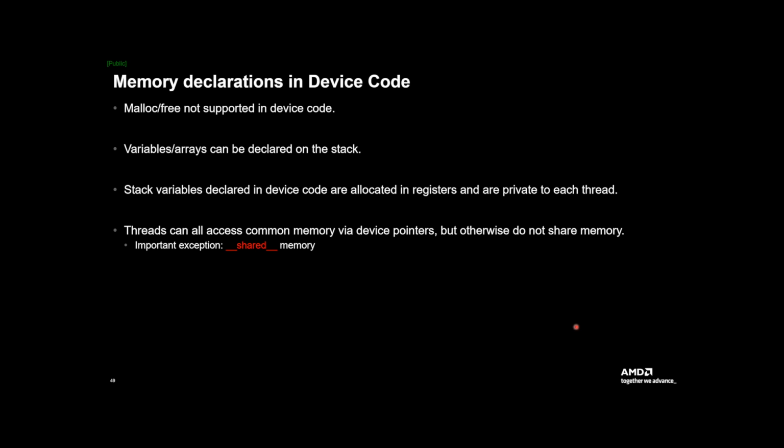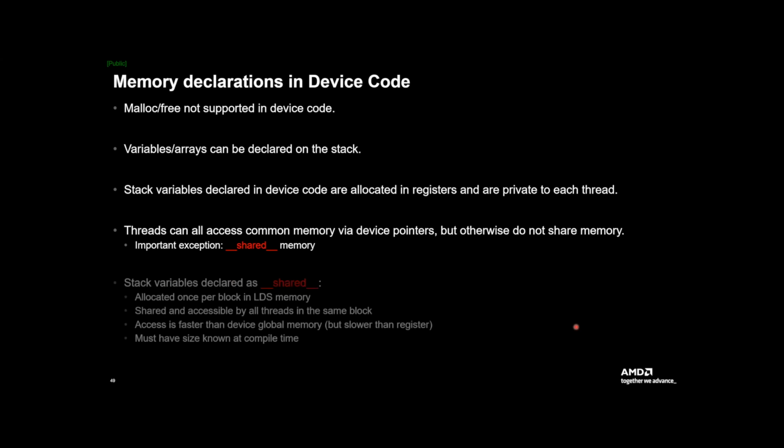An important exception is shared memory. When we use shared, it is allocated once per block in LDS memory, so it is shared and accessible by all threads in the same block.